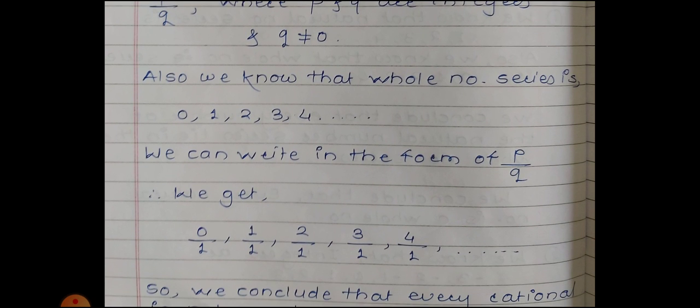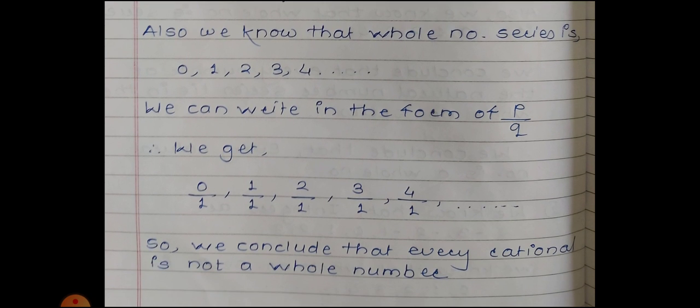So we get 0 is equal to 0 upon 1, 1 is equal to 1 upon 1, 2 is equal to 2 upon 1, 3 is equal to 3 upon 1. We write all the whole numbers in the form of p by q. So we conclude that every rational number is not a whole number, but every whole number is a rational number. So the statement is false.